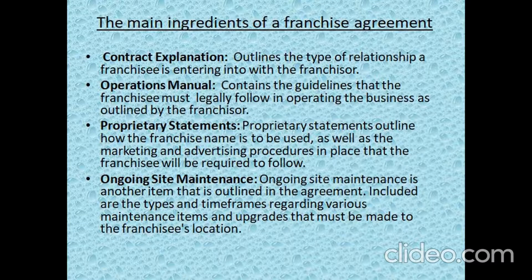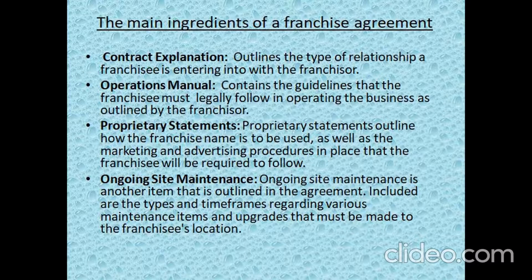It is the document which contains all the important terms and conditions regarding that franchise. So first is contract explanation. This contains the type of relationship the franchisee and the franchisor will have. Second is operation manuals. It gives the guidelines that the franchisee must legally follow in operating the business.